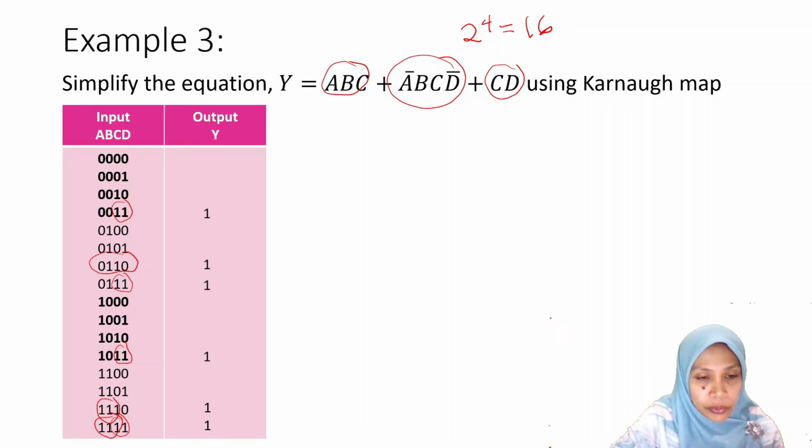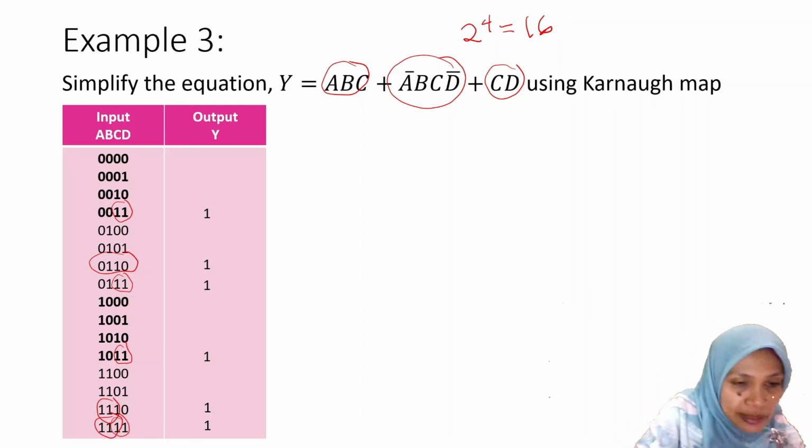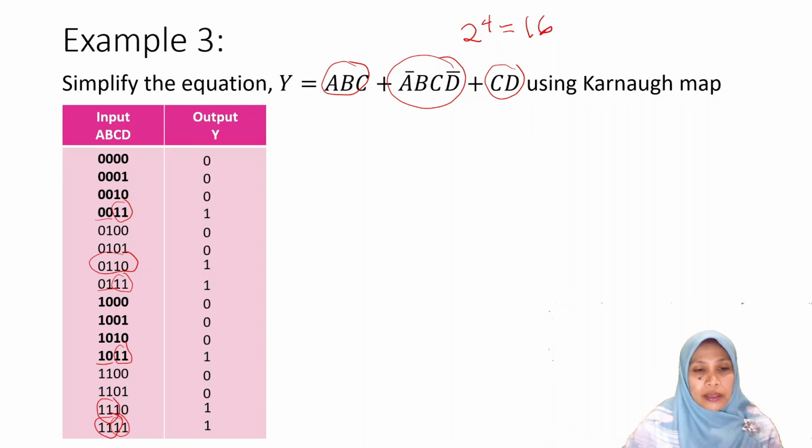So we can put the output in the truth table like this. Here you can see the value of AB is 00, 01, 10. It doesn't matter what is the value of AB, just ignore it. Just find C equal to 1 and D equal to 1. And then for the others the output is equal to 0.